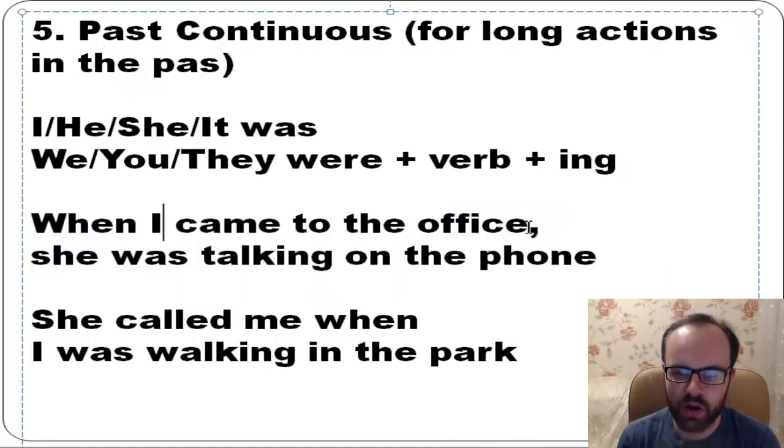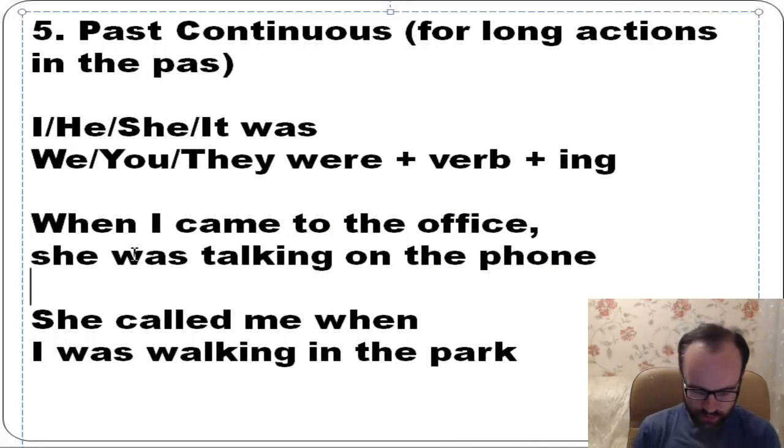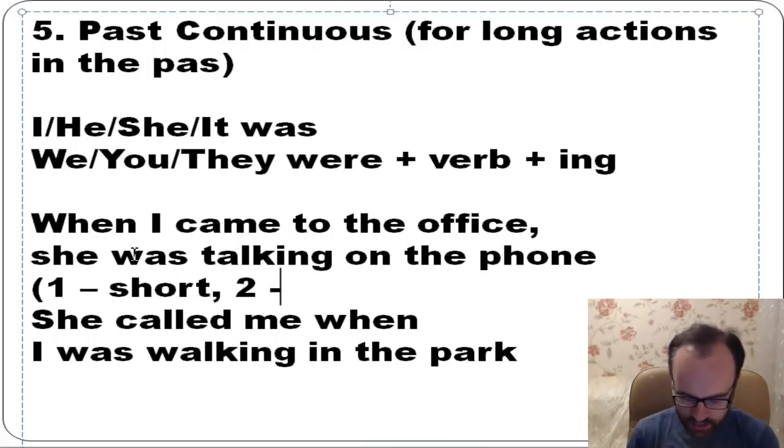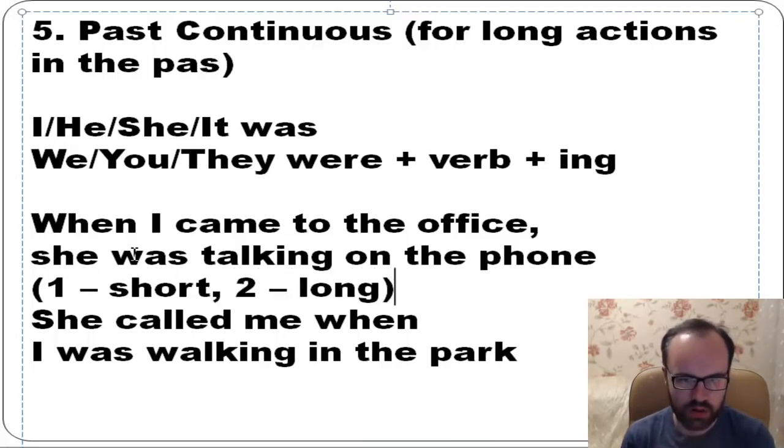So when I came to the office, the first action is short, came, and the second action is long. She was talking on the phone, and then I came. Yeah, it's a short action.